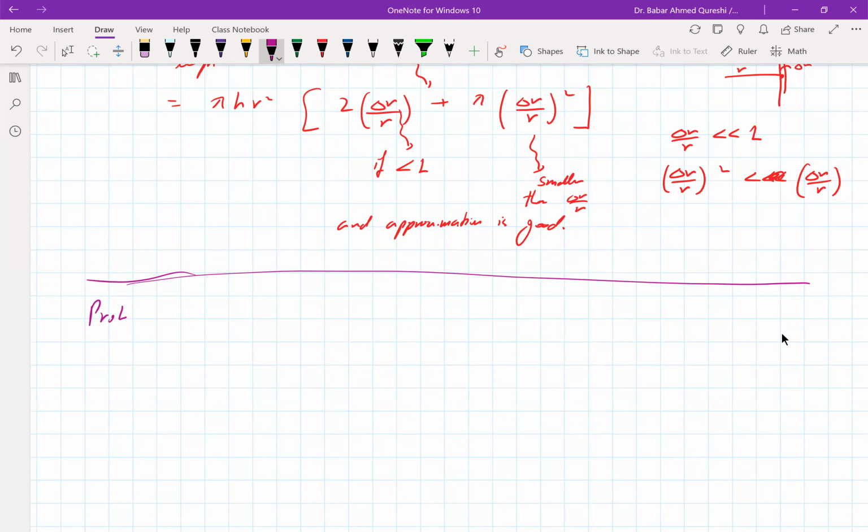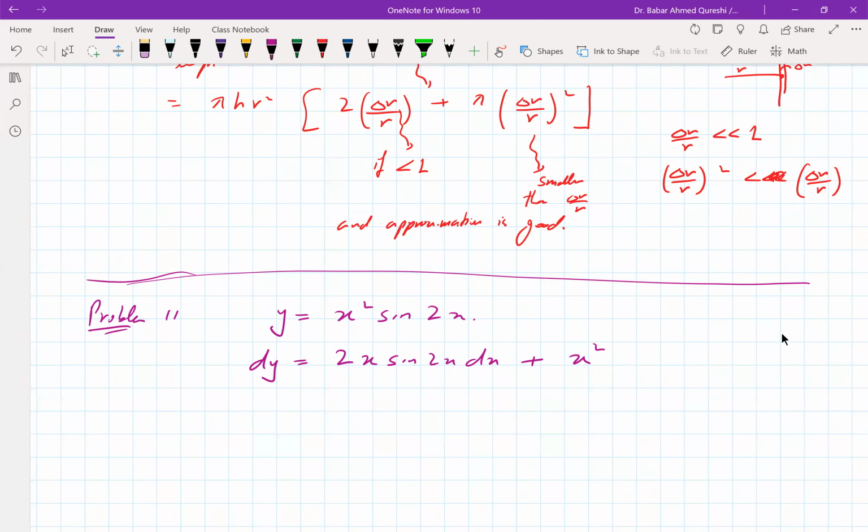Problem 11. If you have to find the differential of this, dy is 2x sine 2x dx plus x squared.